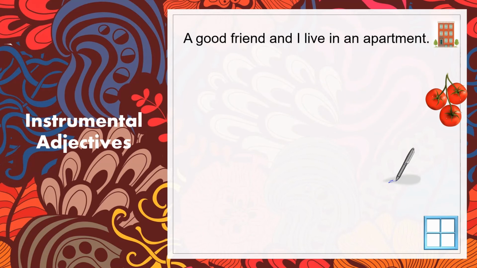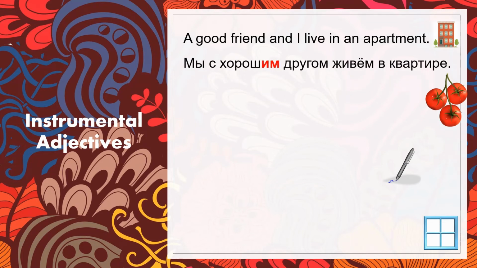A good friend and I live in an apartment. This is that perfect example of that specific we. So the good friend is going to be in the instrumental case. Мы с хорошим другом живем в квартире.